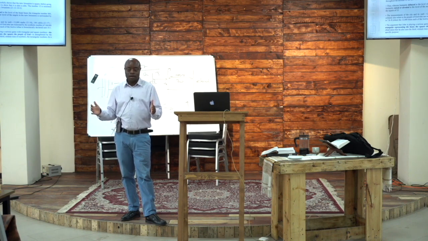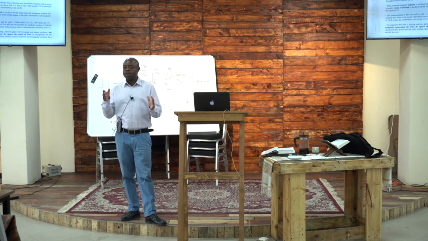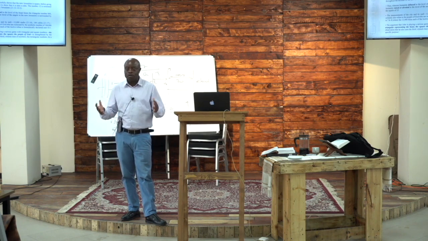Now 1,260 days, which is three and a half years, has a connotation, first and foremost, of the time of Elijah. Elijah is given a mission to prophesy. He's bringing judgment against Ahab, and then the judgment of three and a half years of the shutting of the heavens, that it should not rain for three and a half years, which is exactly 1,260 days, bringing the idea of the period of witnessing and prophesying.